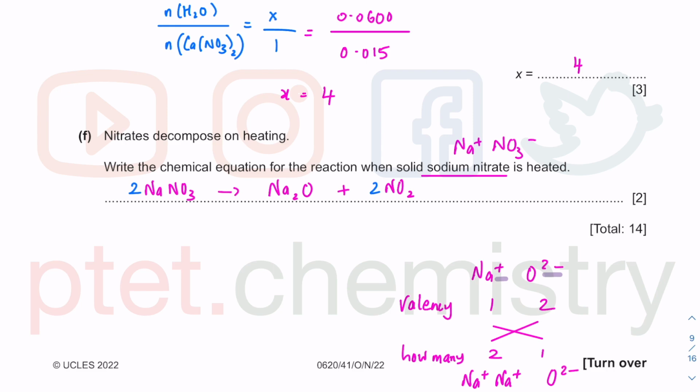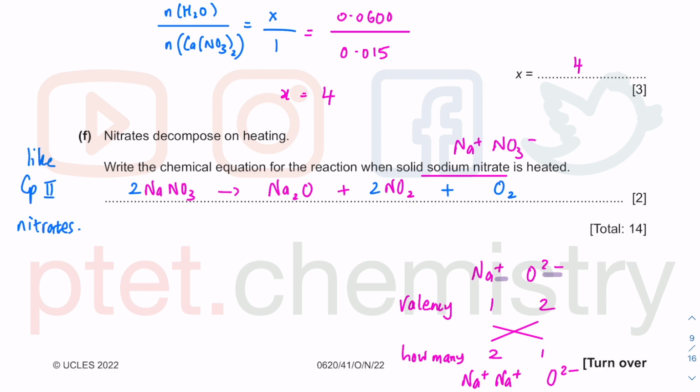And yes, I do need the oxygen in order to balance the equation. So it behaves like a group 2 nitrate, where it gives you the metal oxide, the nitrogen dioxide, as well as the oxygen gas. This is a brown colored gas, and I haven't balanced my equation yet. That's why it's 2 marks. 2 Na, 2 Na. 2 of that NO3 give me 2 of the NO2.